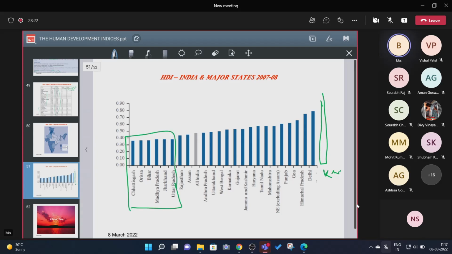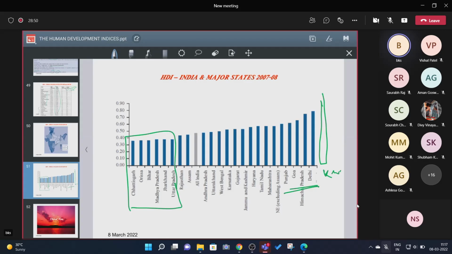These are the states at the bottom of your HDI, whereas Kerala, Delhi, HP, Goa, Punjab are at the higher spectrum of your HDI, like the Scandinavian countries in case of the world. So that is what we have for today. So this covers HDI, Human Development Index.